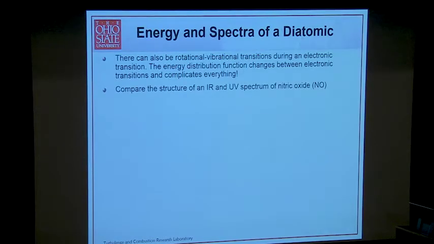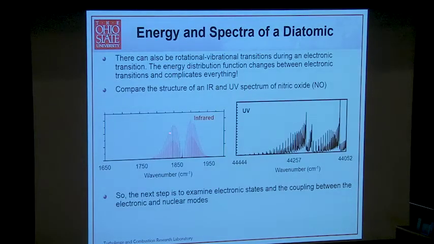So let's take a look at NO. This is in the infrared. This is beautiful, right? This is in the UV. Still beautiful, but a lot more chaotic. The interaction between the electronic states and the rovibrational states complicates the structure immensely. This is down at 226 nanometers, and this is way in the infrared.